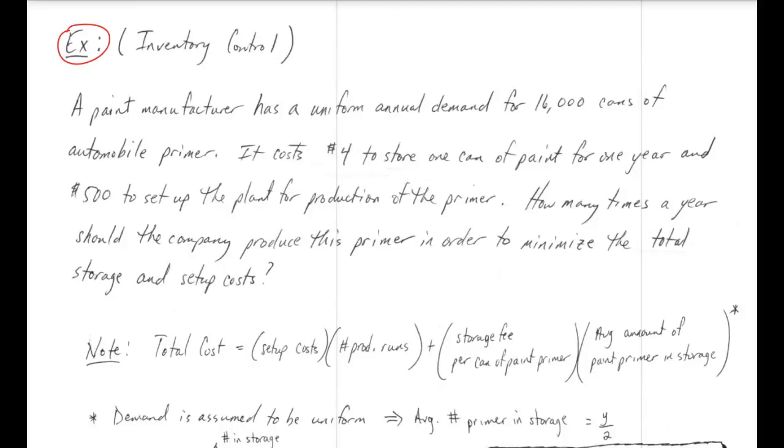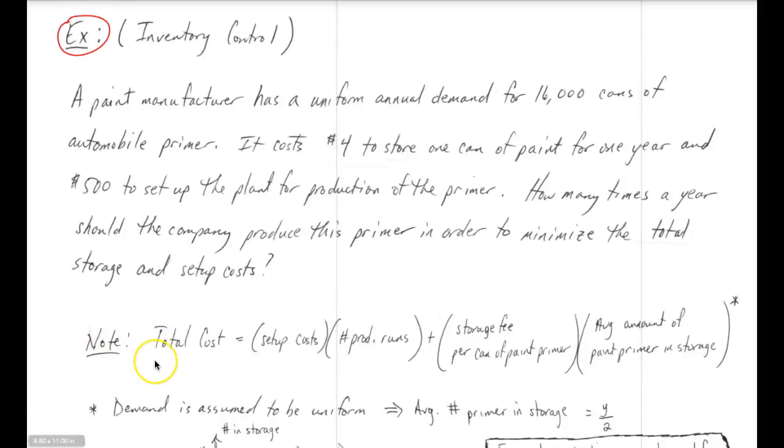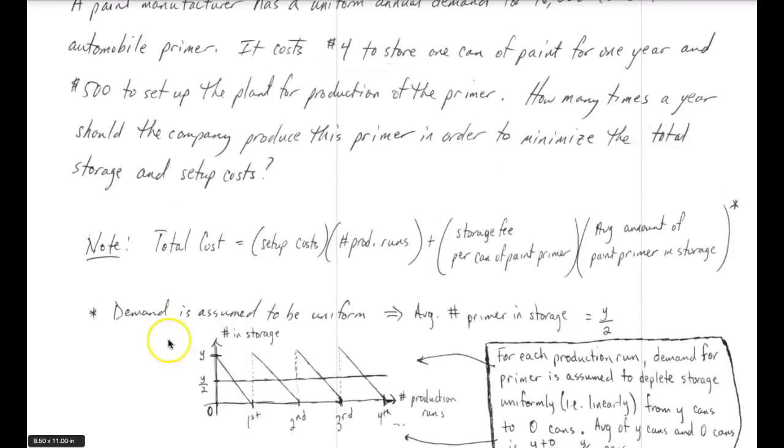So the first thing that we need to be aware of is the assumptions that are going on here. So first of all, the total cost is going to be the sum of the product of the setup cost times the number of production runs. So in other words, how much is it going to cost to do each setup times the number of production runs that we're going to run.